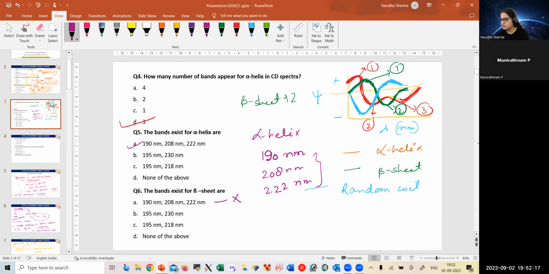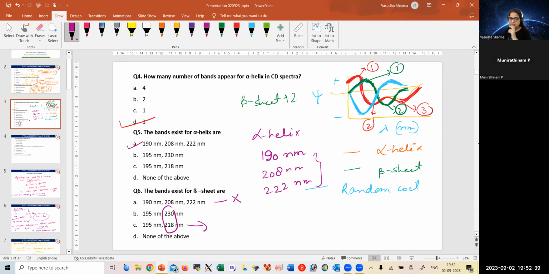One is for the beta sheet and one is for the random coil. The first is 195 nm, and option C is also 195 nm, both are the same, only the second one is different. So how can it be identified?